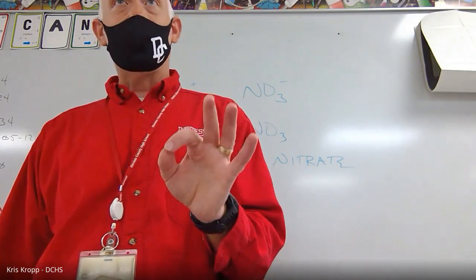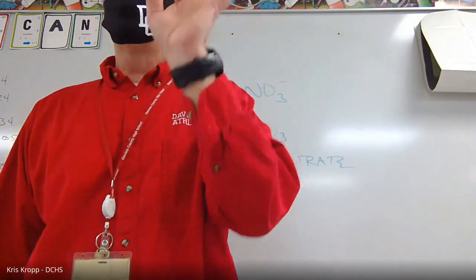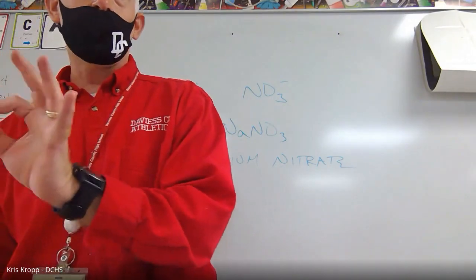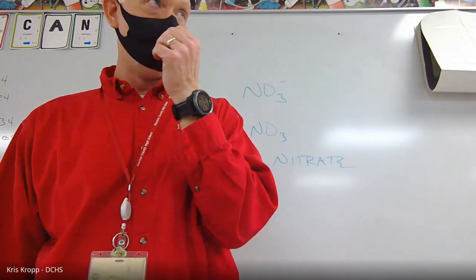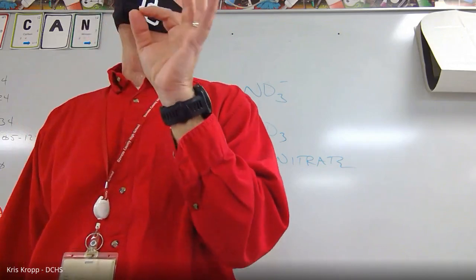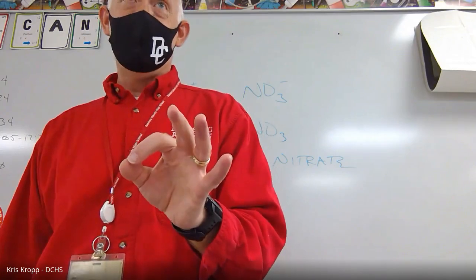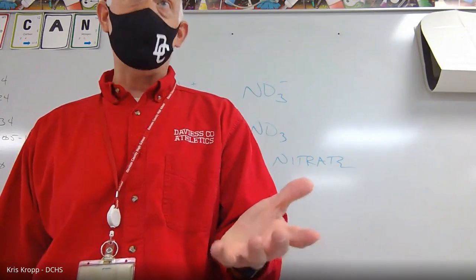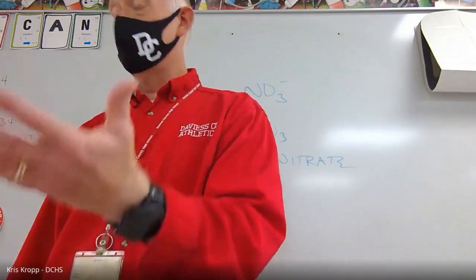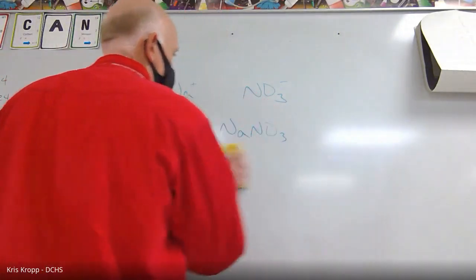It is in your best interest to memorize this ion because it's the only polyatomic cation that I will use in my class. Only polyatomic cation that we will use. So if you don't memorize it, you probably aren't going to recognize it, and it's going to mess you up when it comes time for us to name compounds that contain that thing. All right? And I don't want you to lose points because you didn't memorize this ion. So it's in your best interest to memorize that one ion.